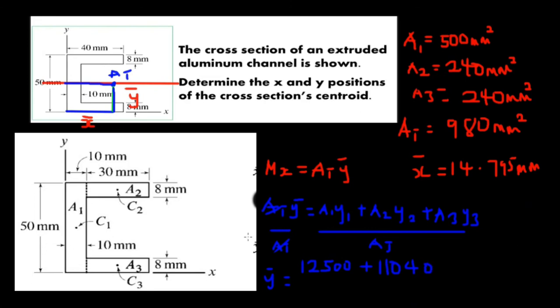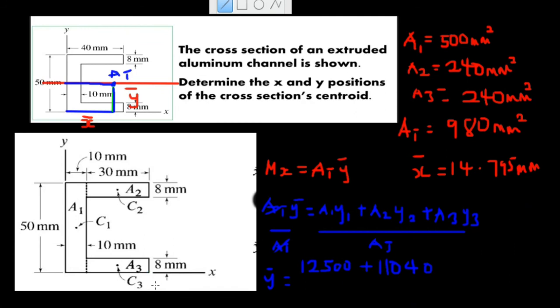Now I want to find the shortest distance from the center of area 3 to the x-axis. You realize that will be this small distance that we have here, and that distance is half of this 8 millimeters, which is 4 millimeters.